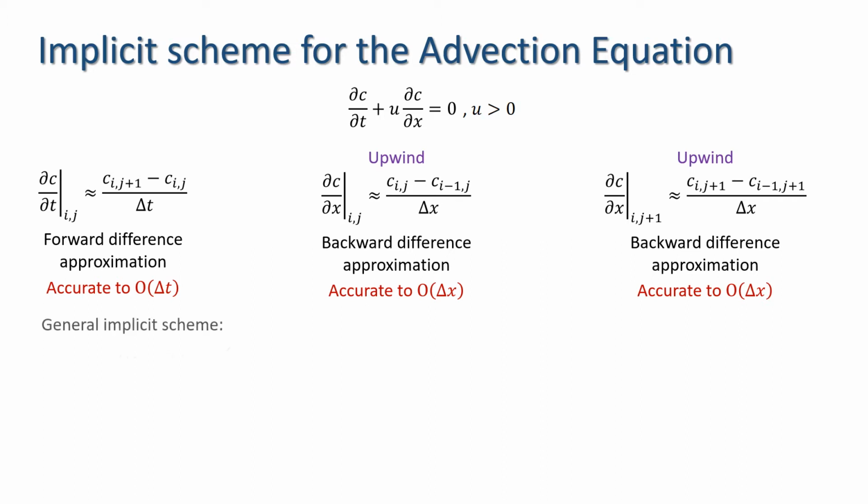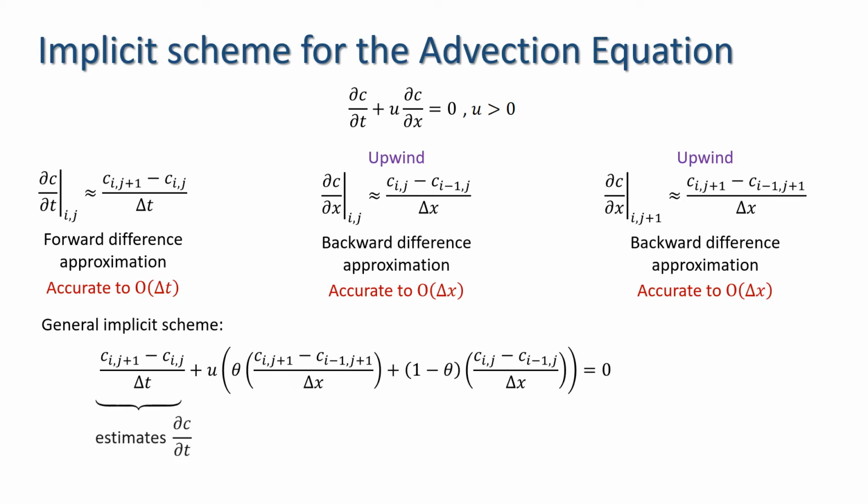We substitute our finite difference approximations in the numerical scheme as shown here, where theta is a parameter which lies between 0 and 1, i.e. we use a weighted average of the spatial difference approximations to estimate dc by dx. Note that if theta is 0, this is identical to the explicit scheme. The case theta equals 1 is what we would call a fully implicit scheme.